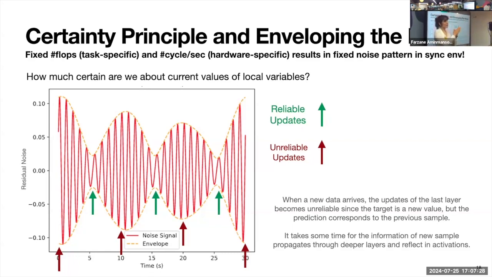And the size of the network is also usually fixed, like the layers. And the number of cycles per processor is also fixed, like the computational power of the processor. And the number of flops is also fixed because all of the things are fixed in the environment in terms of sizes. Because of that, we can expect to see similar patterns all the time.